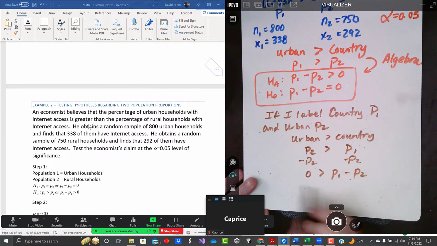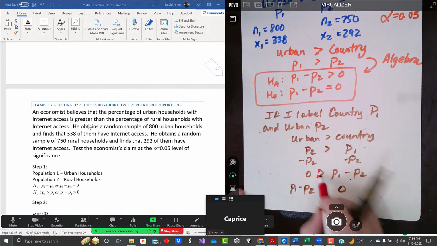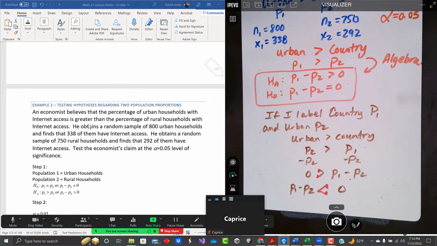And if I swap the order around, putting the P1 minus P2 on the left and the 0 on the right, the alligator needs to go for the 0 now. So the sign changes. I have P1 minus P2 is less than 0, and then H naught is still P1 minus P2 equals 0.